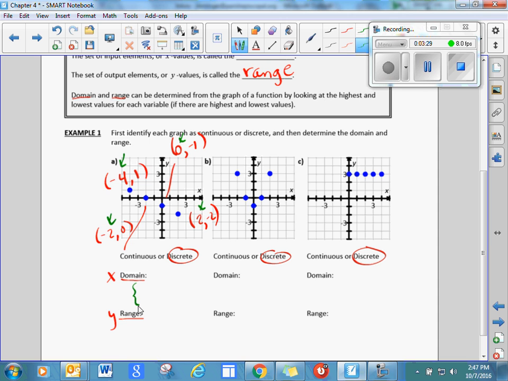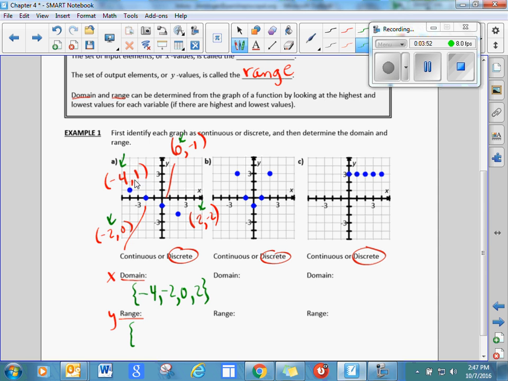This is called set builder notation, from smallest to greatest. The domain is -4, -2, 0, and +2. These are all the x values, the input values, just listed in this nice, neat little set builder notation.